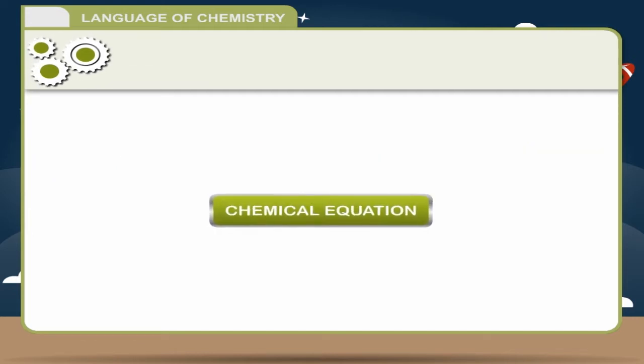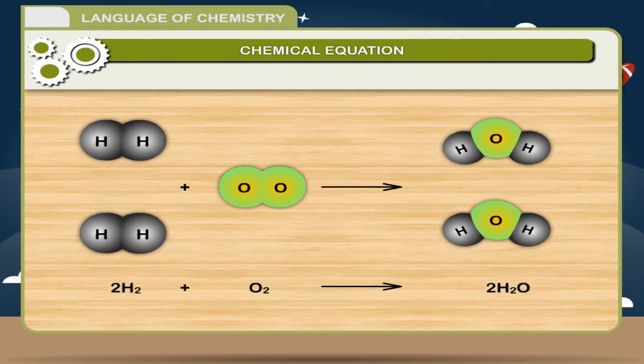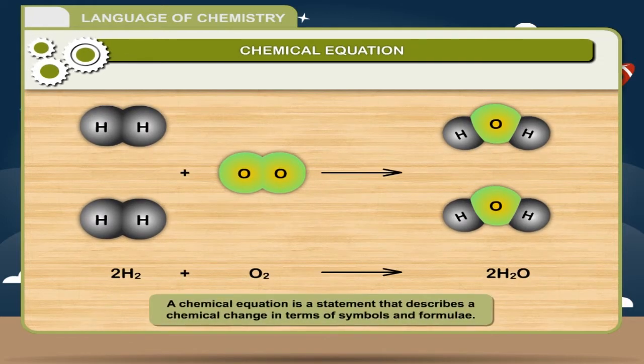Chemical equation. We represent a chemical change with the help of a chemical equation. Thus, a chemical equation is a statement that describes a chemical change in terms of symbols and formulae.